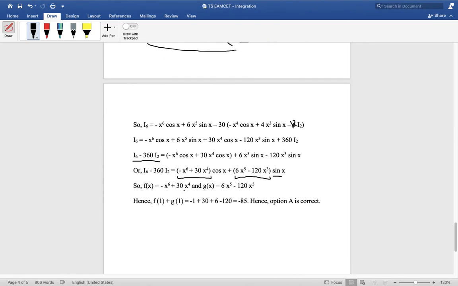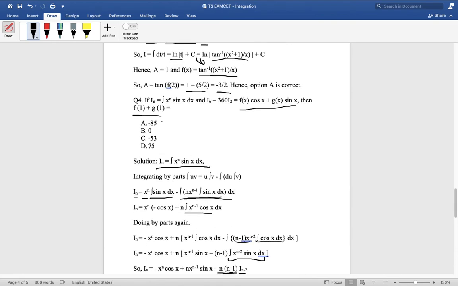So when I compare, I will get f(x) equals minus x raised to the power 6 plus 30 x^4 and g(x) I will get equal to 6x^5 minus 120 x cube. So f(1) plus g(1) will be what? Minus 1 plus 30 plus 6 minus 120, which is equal to minus 85. Minus 85, the correct option is A.